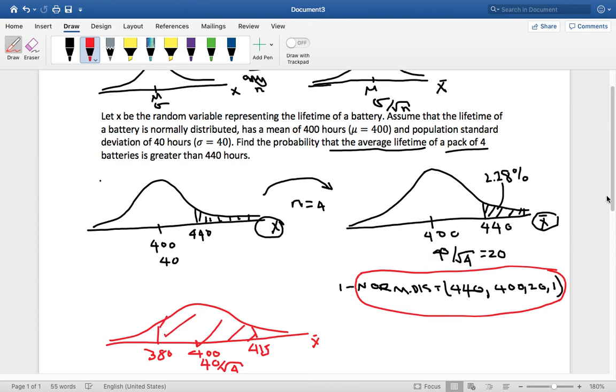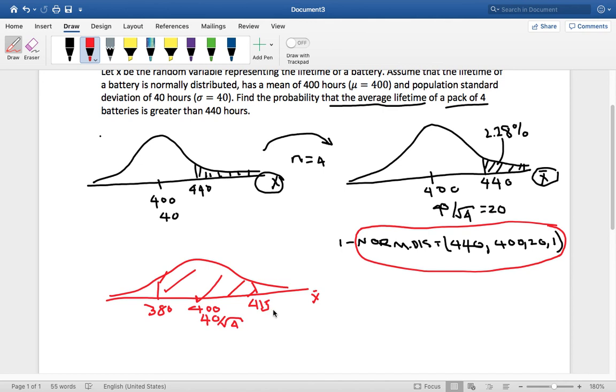So again, to solve this one, you're going to use a norm.dist of the high figure. So it would just be norm.dist of 415. Mean is 400. Standard deviation 40 over the square root of 4, which would be 20. What I've written there is going to give you the area from here going all the way back. It's not going to stop, but I only want the area from here to here, not going all the way back.